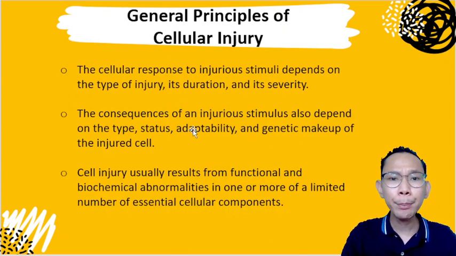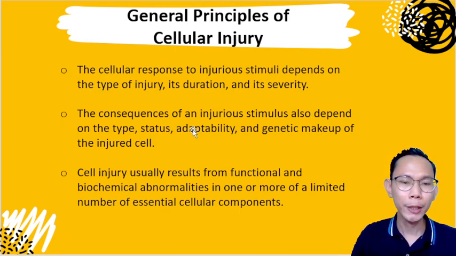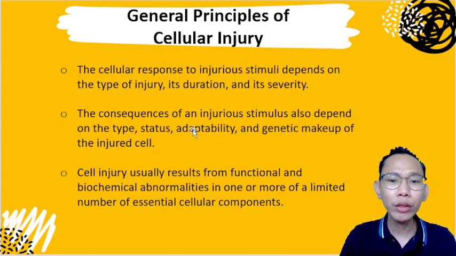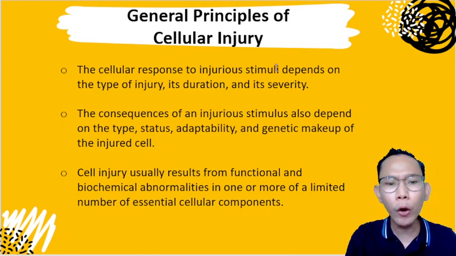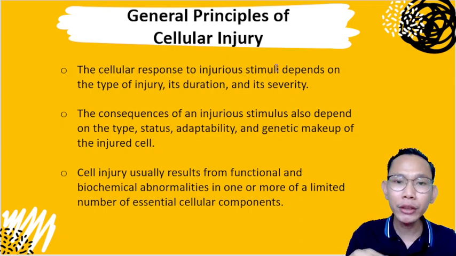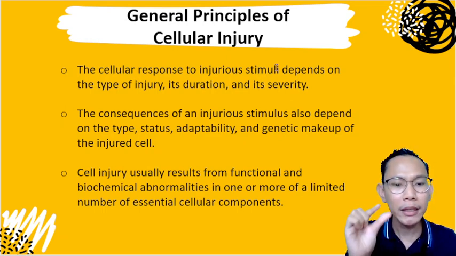So these are the different principles that I want you to remember about cellular injury. Ang cellular response natin to the different injury stimuli actually depends on the type of injury, its duration, and its severity. For example, meron akong low dose of toxin or pwedeng brief period ng ischemia, konting oras lang ng ischemia.